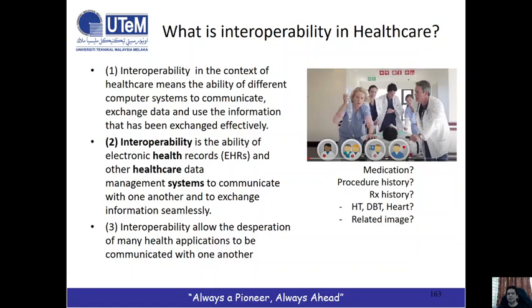The important thing is that you pass your authentication. Then the bank will process the payment on behalf of Shopee or Lazada. So interoperability allows many health applications to communicate with one another.